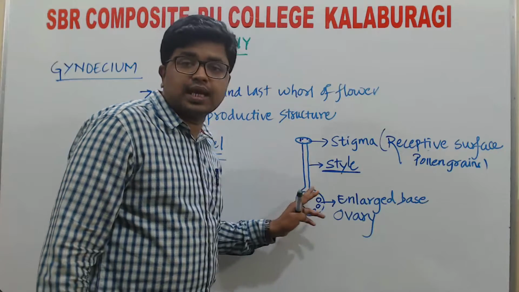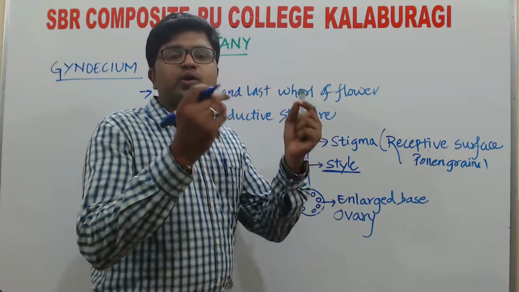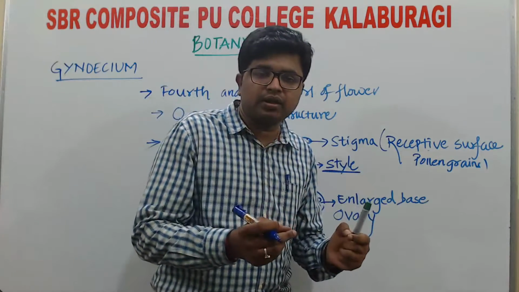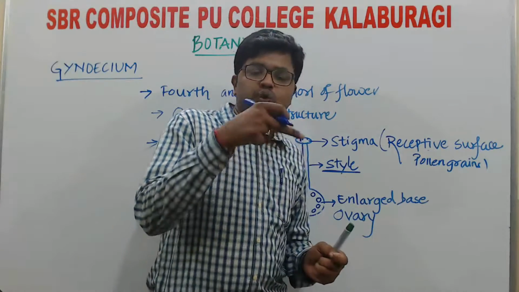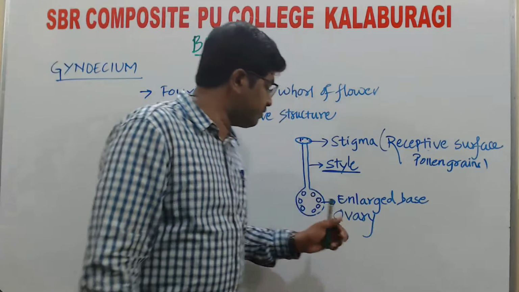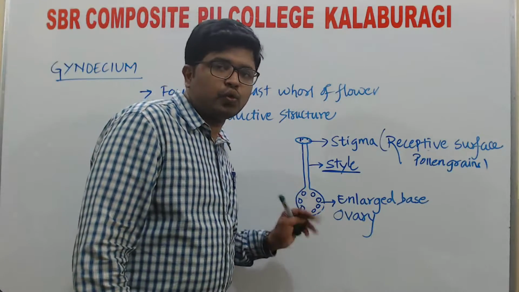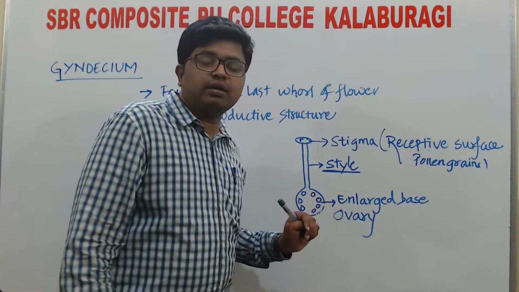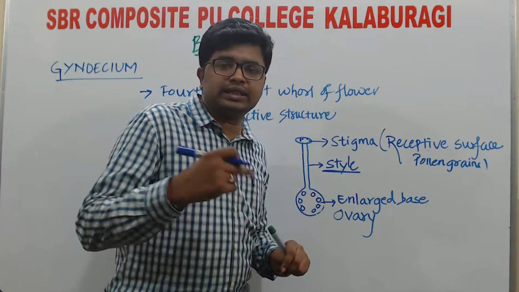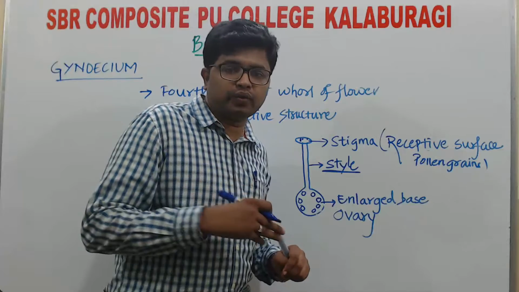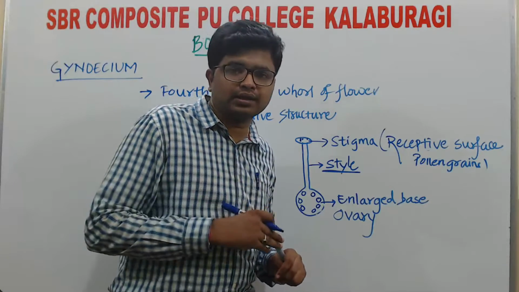Now, this process is helped by the style. That's why you have a slender tube-like structure, which will allow the pollen tubes to travel through it, and it will end up in the ovary, where fertilization is normally seen. Double fertilization, which you are going to study in your higher classes.